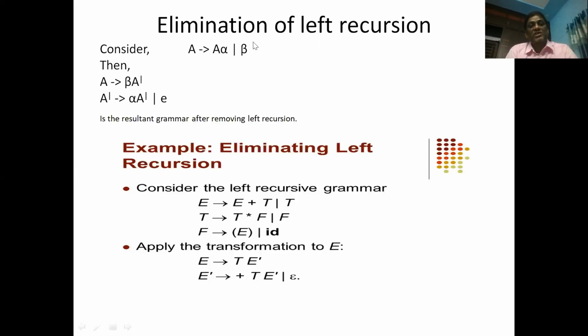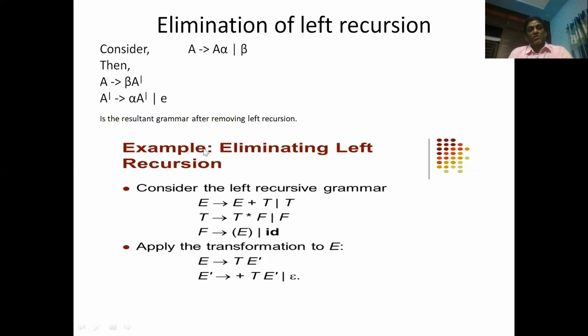So beta A dash. What is beta? Beta is the remaining productions that do not start with capital A. And A dash implies alpha A dash. What is alpha? The string that is followed by capital A here. So alpha A dash or epsilon. This is epsilon. Okay. So you can eliminate the left recursion from this production with the help of these productions.